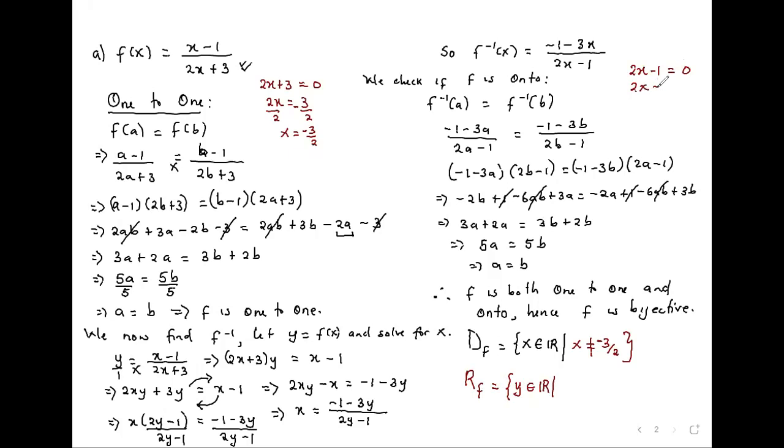So for x, divide by 2. So x is half. So we say y should not be equal to 1 over 2, but it can be any other real number. This becomes the range. Well, easy to do because the function is bijective.